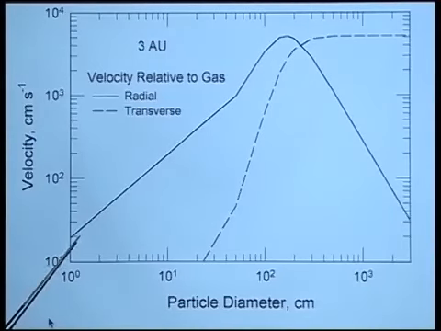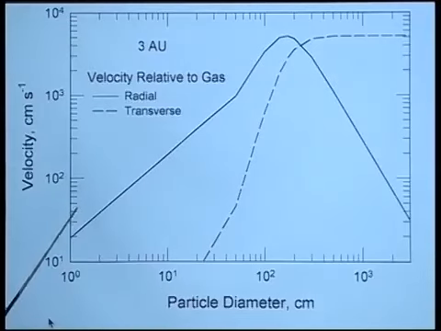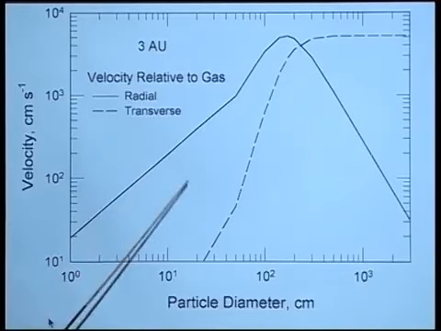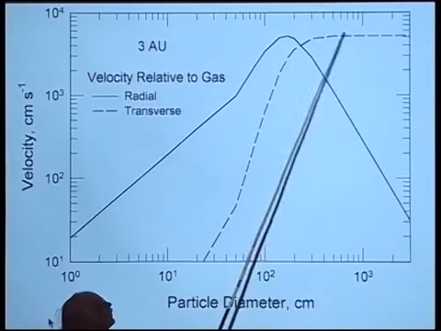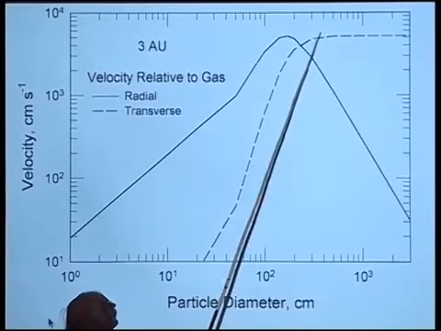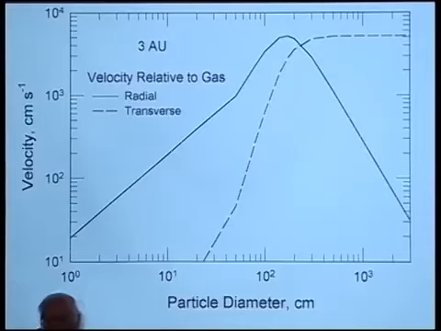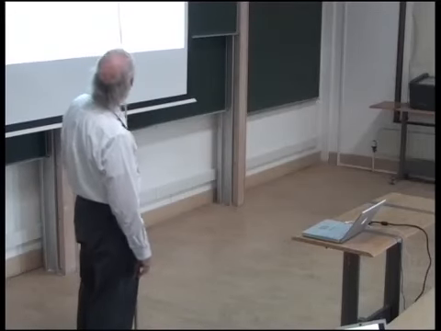In general, very small particles are moving with the angular velocity of the gas, so their transverse velocity is negligible. They have a radial drift velocity, which is increasing with particle size. Very large particles here are in Kepler orbits. They're moving along at the Kepler speed, and so they face a headwind, which is of magnitude the difference between the Kepler velocity and the gas velocity.